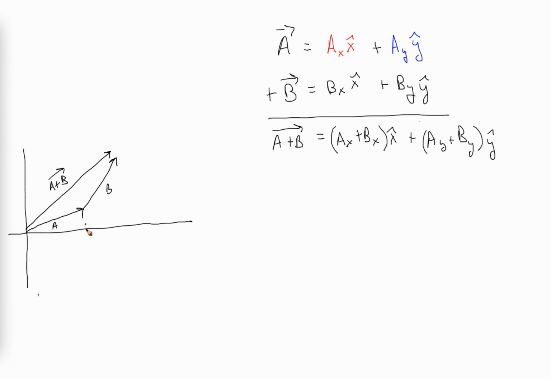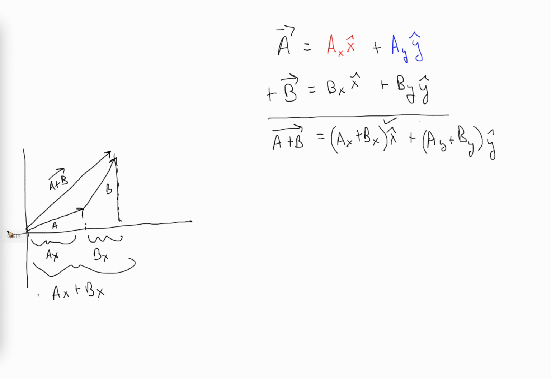So the x component, this piece here would be a sub x. And then this piece here would be b sub x. But notice from here to here, this piece here is a sub x plus b sub x. And that's the component of this bigger vector. So this part's right. This is the same thing.